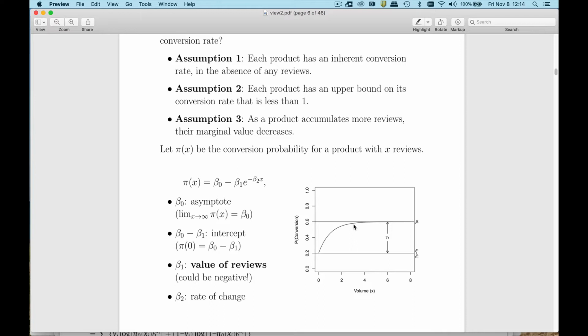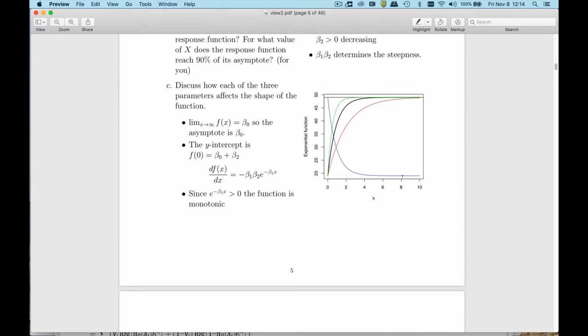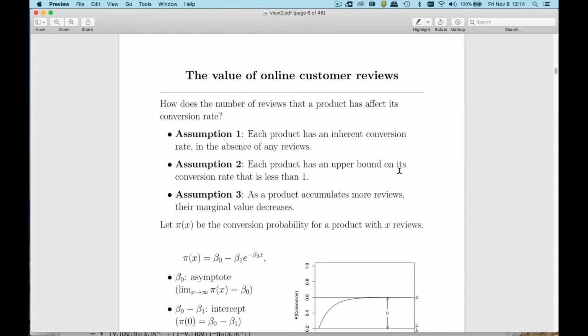If all the reviews were bad, the conversion rate could decrease, but that would be like this blue curve. So this learning curve allows for either possibility, where as reviews come in, my conversion rate goes up. If all the reviews happen to be bad for my product, then presumably I'd get one of these blue curves that decreases.